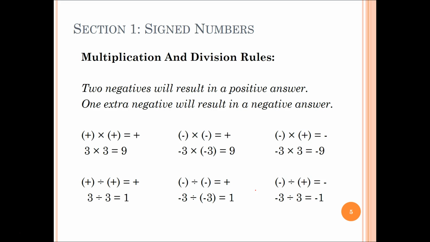Okay, so going into multiplication and division rules. Notice that I've always said math is evil. 2 wrongs always make a right. Well, anytime we multiply a negative to a negative, we get a positive result. And the same thing is true for division.